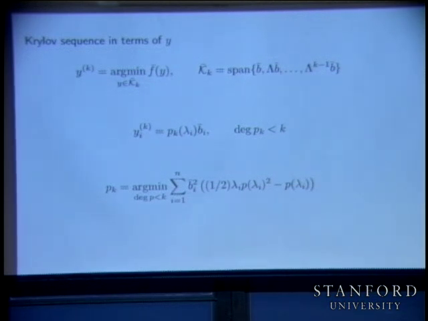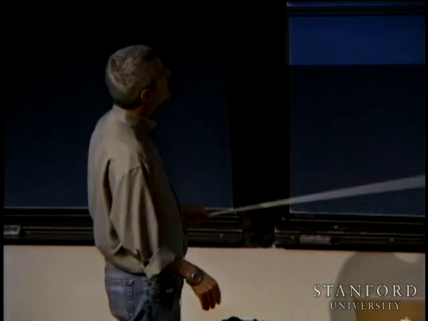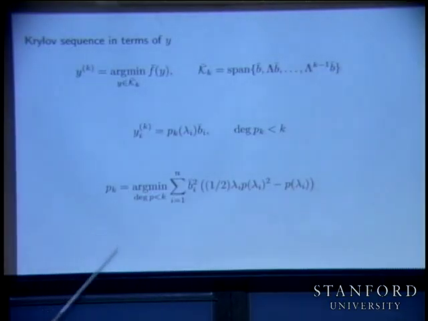So that's it. We now have a beautiful formula, not for practice, but for understanding. If you understand this, you will understand all of how it works. It says that the kth polynomial, that's the polynomial that generates the kth iterate of the Krylov sequence, when applied to A and then multiplied by b.